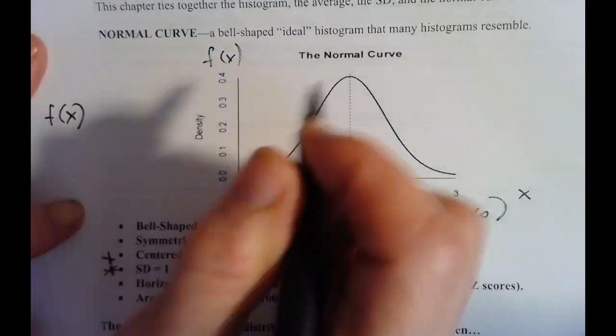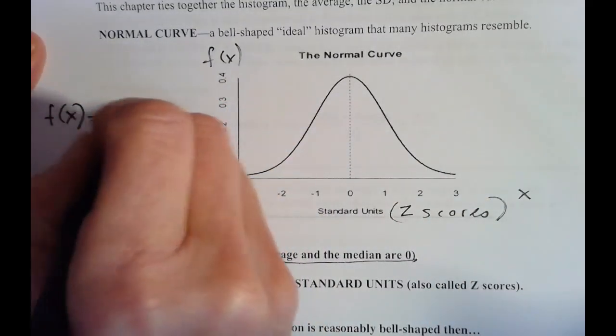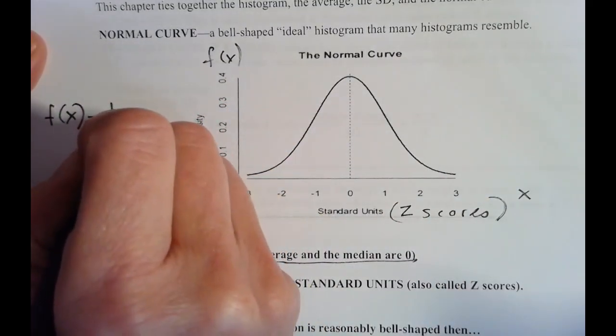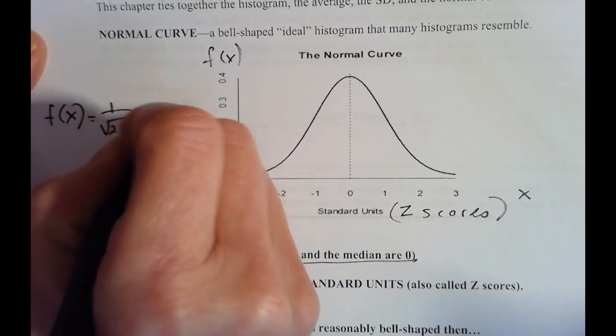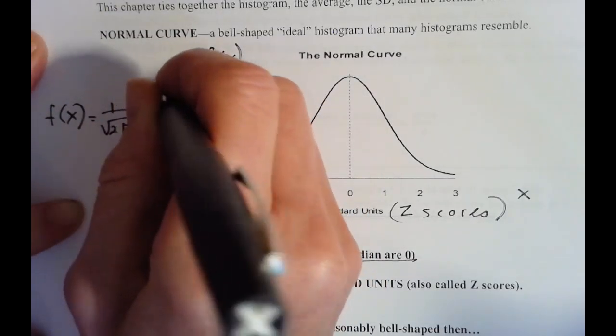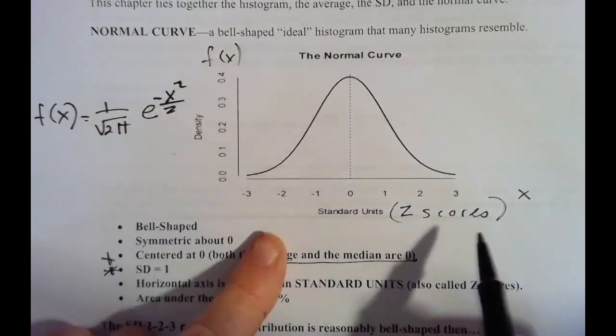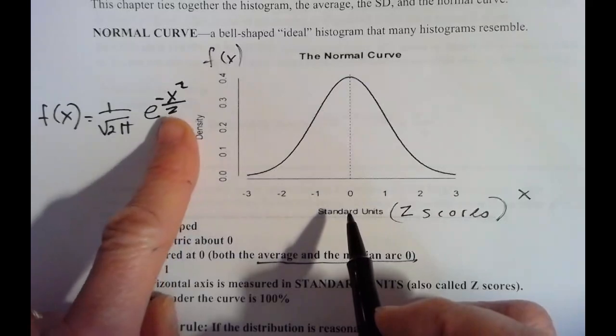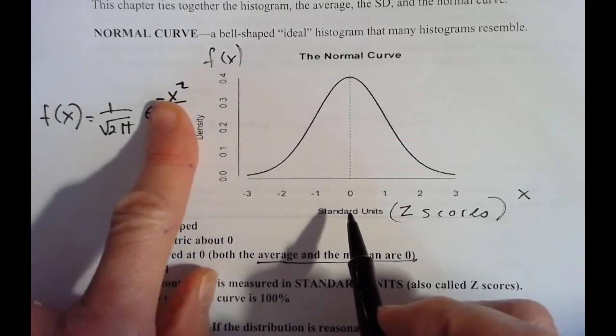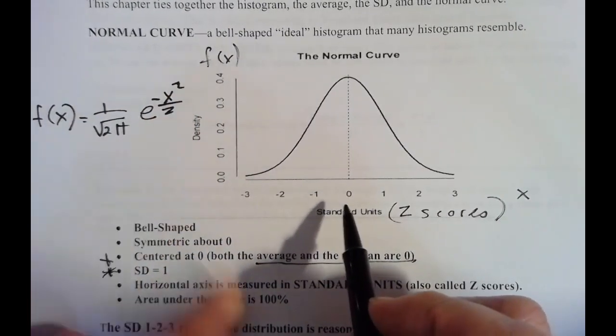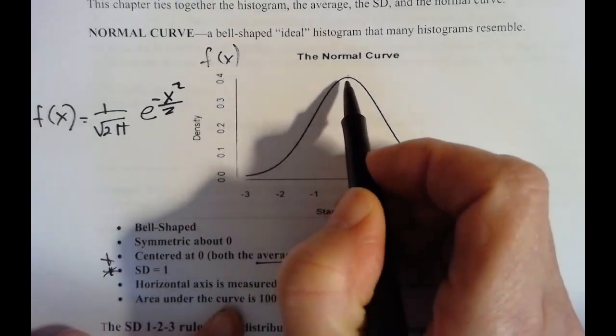So the formula is 1 over the square root of 2 pi times e to the minus. Okay, so you can see that when the z-score is 0, this part's just 1, so you have 1 over the square root of 2 pi, which is about 0.4, and that's the maximum.